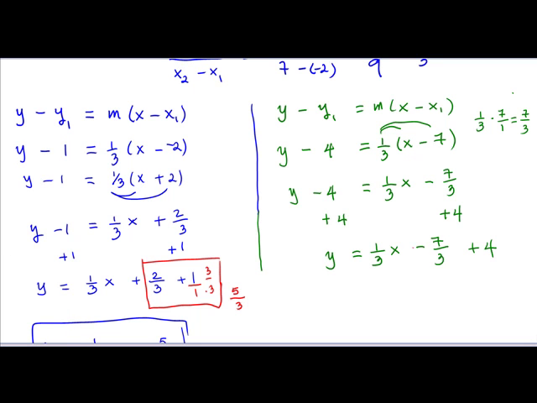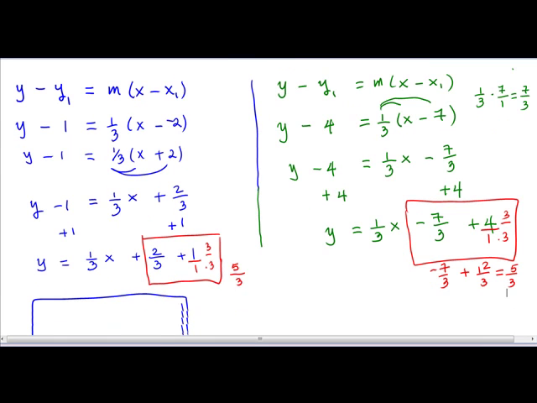So now we're going to simplify these two numbers. LCD here, I put the 1 over, so LCD is 3 here. So I got minus 7 over 3 plus 12 over 3, which is equal to 5 over 3.